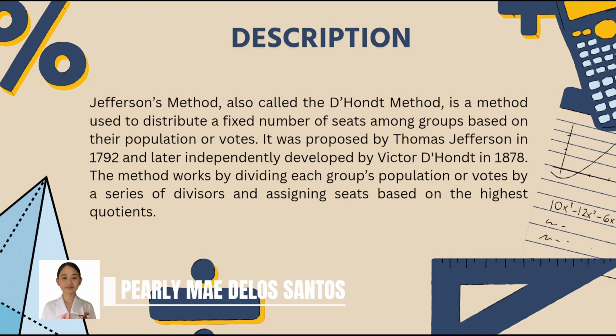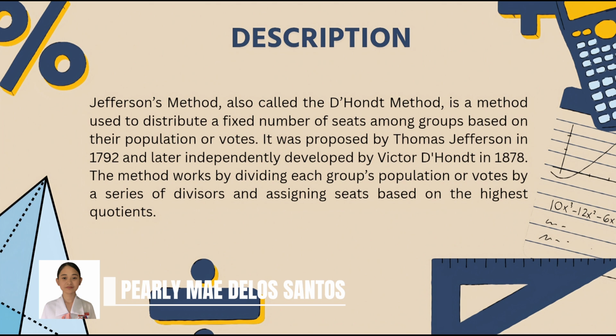The process works by dividing each group's population or votes by a series of divisors such as 1, 2, 3, 4, and so on. The highest resulting quotients are used to assign seats until all seats are distributed.